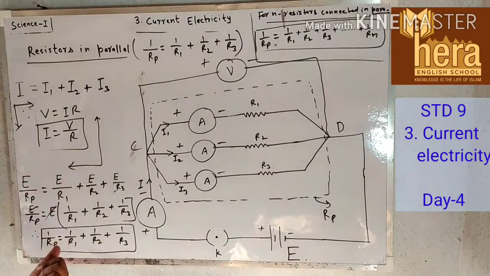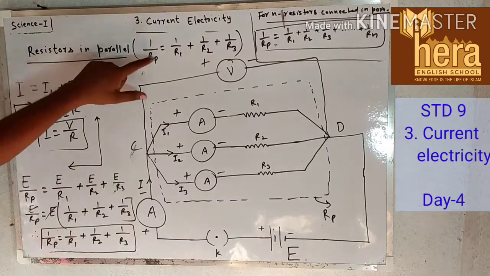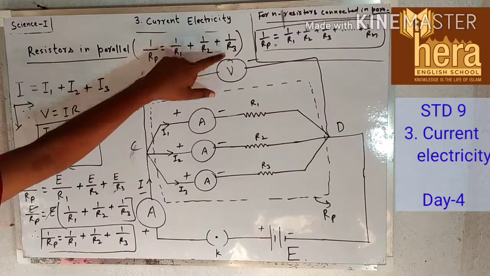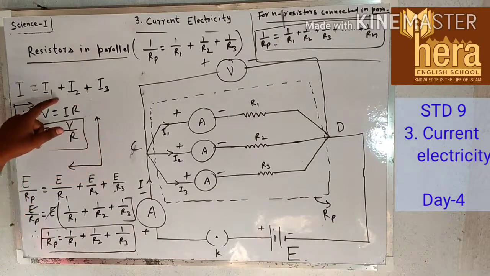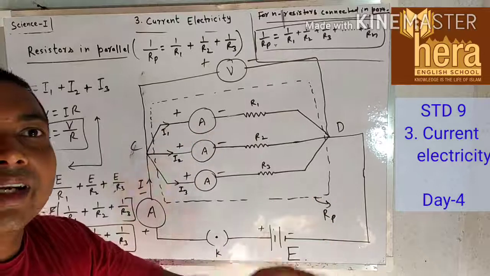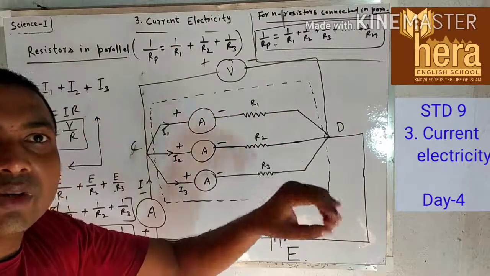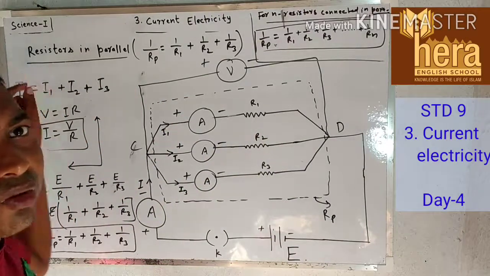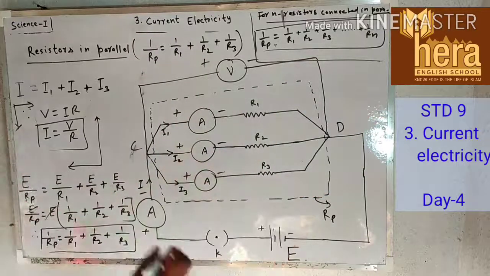So in case of parallel, if you want to derive 1 upon Rp is equal to 1 upon R1 plus 1 upon R2 plus 1 upon R3, you have to take I is equal to I1 plus I2 plus I3. But if you want to derive resistors connected in series, that is Rs is equal to R1 plus R2 plus R3, you have to put V is equal to V1 plus V2 plus V3. Understood? This is important.